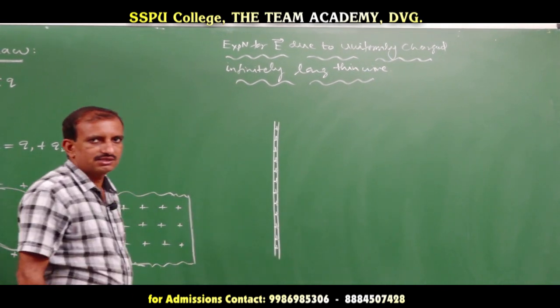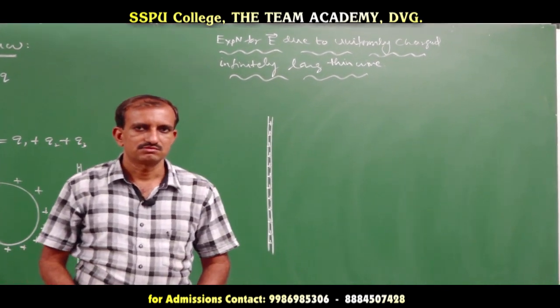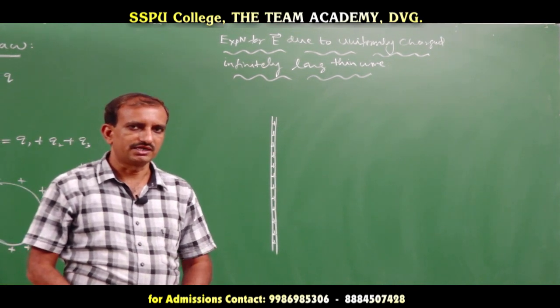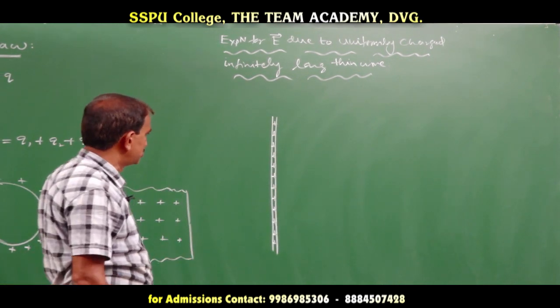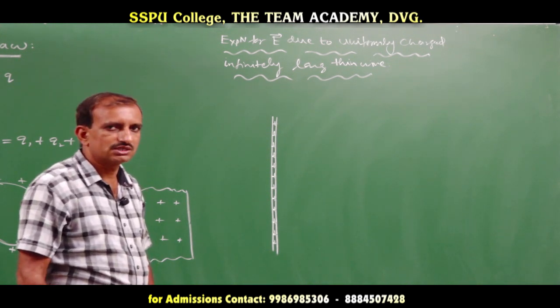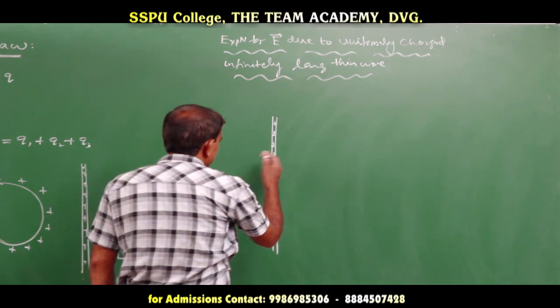To find the electric intensity due to the uniformly charged wire, let us assume a surface known as the Gaussian surface around this wire.